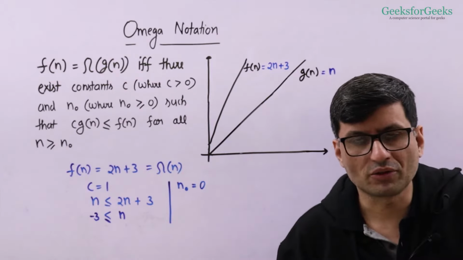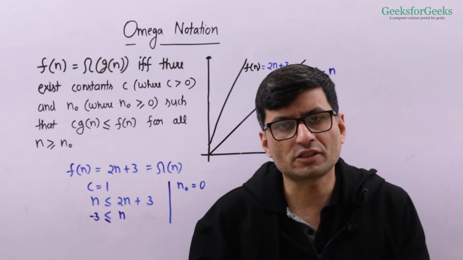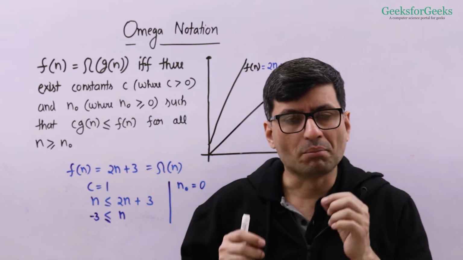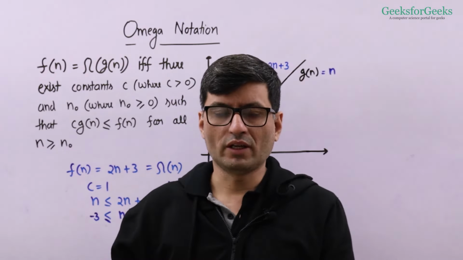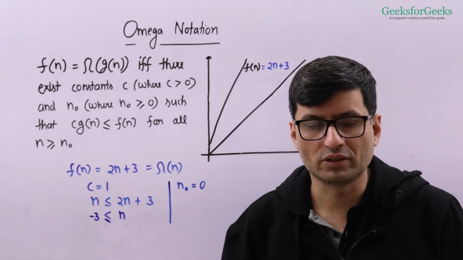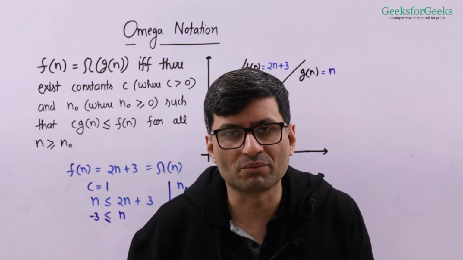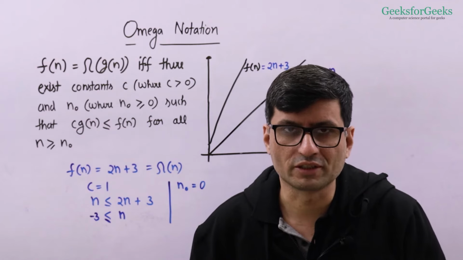Let's now talk about omega notation or big omega notation. This is opposite of big O. Big O notation is mainly used when you have an upper bound, and big omega notation is mainly used when you have a lower bound. Let's consider an example to understand the application of big omega notation.